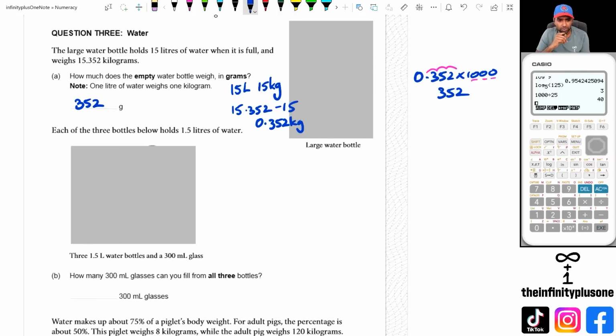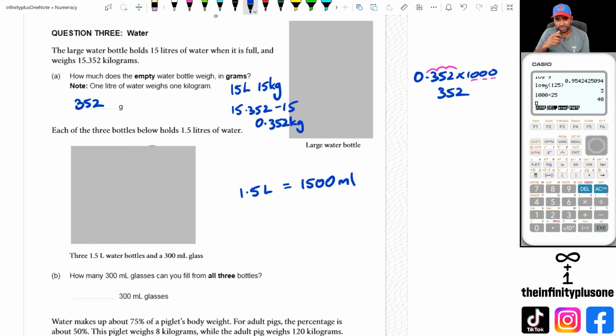Part B, we've got each of the 3 bottles below holds 1.5 liters. How many 300 ml glasses can you fill from all 3 bottles? So what we're going to do is take 1.5 liters, which is equal to 1,500 milliliters, because you multiply by 1,000.